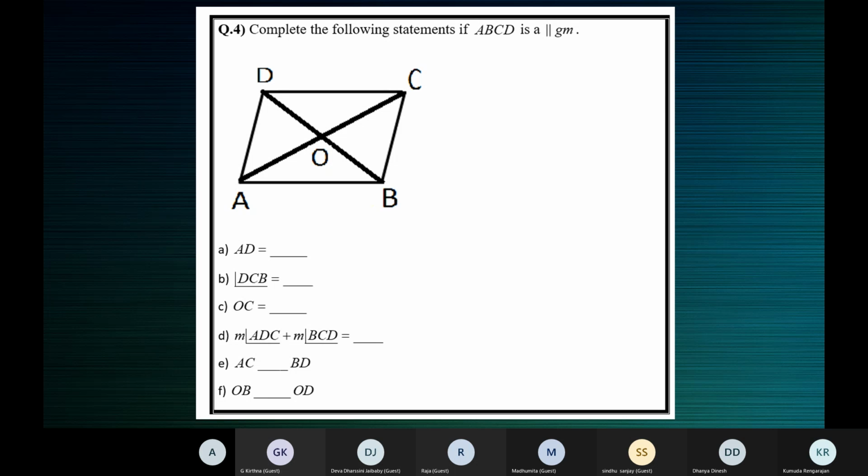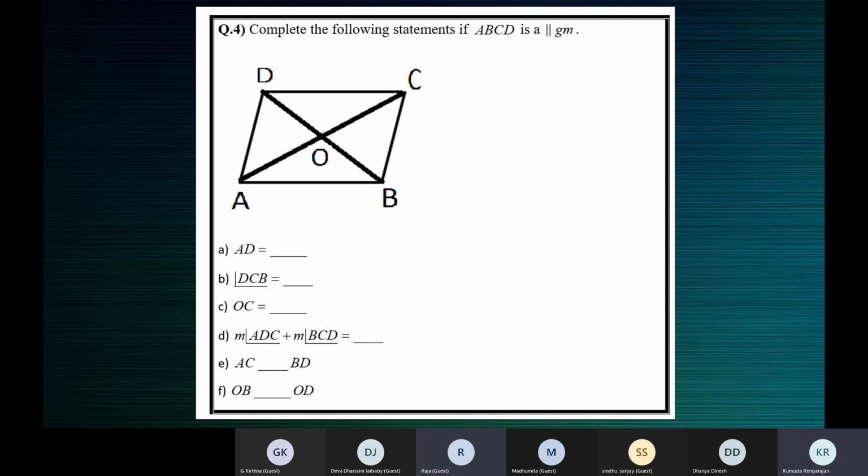Anish. Are you there, Anish? Raja? Ma'am? Yeah, please answer E, subdivision E. AC, ma'am, AC is equal to BD.